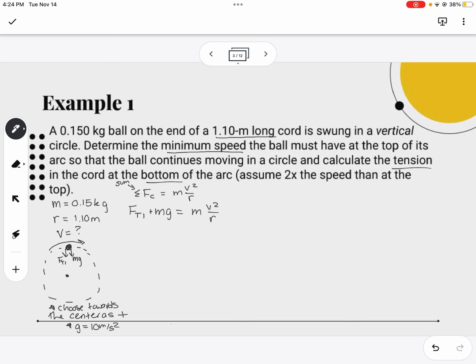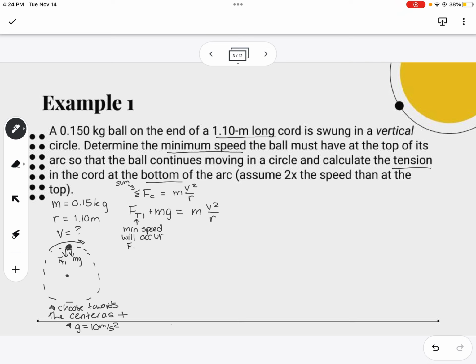I know mass, I know g, I know r. We're trying to solve for v. Let's take a second and figure out what would Ft1 be. So again, we want to pause and think of this intuitively. Your minimum speed, which is what we're trying to find, will occur when your tension is just about slack.